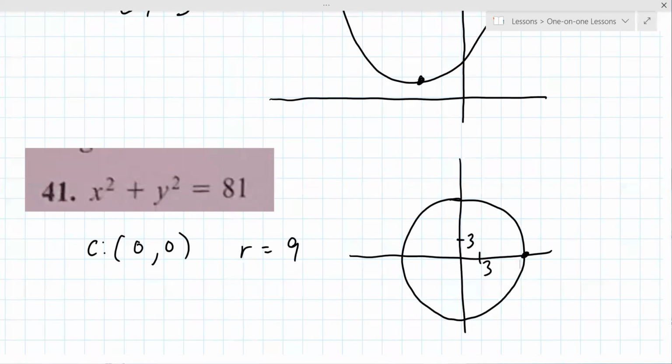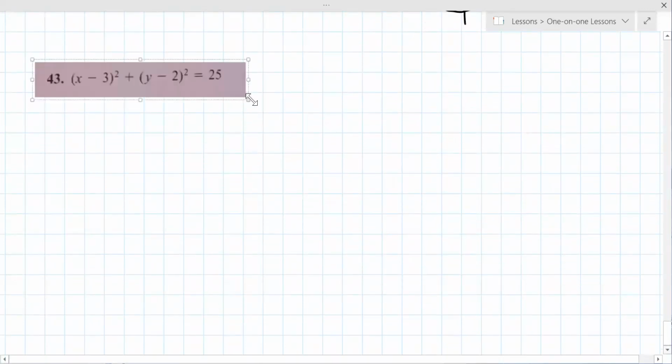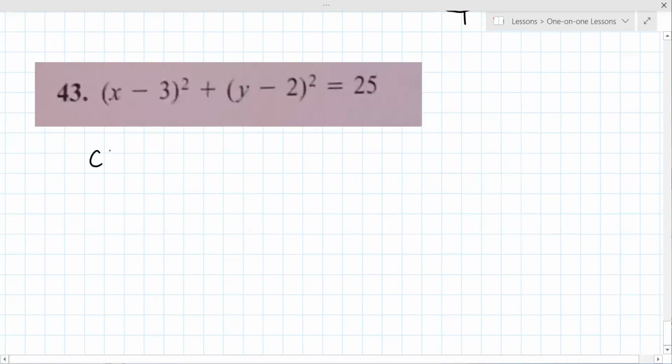43. Correct. Okay, what's the center? What's the radius? The center, H, K, H is 3, K is 2. Radius is 5. It's always whatever value makes this 0, makes this 0.